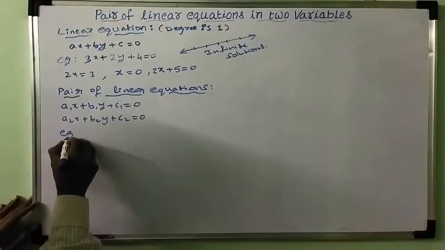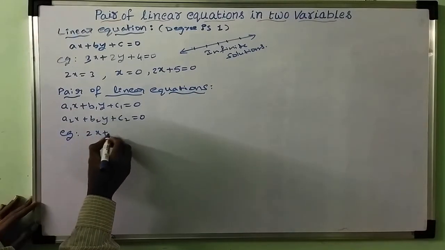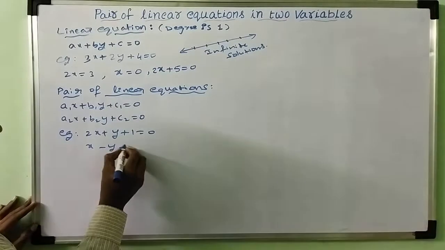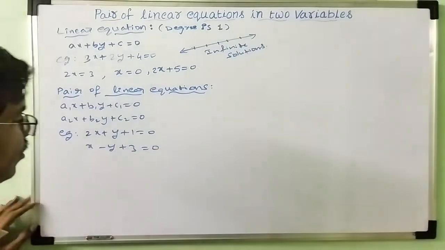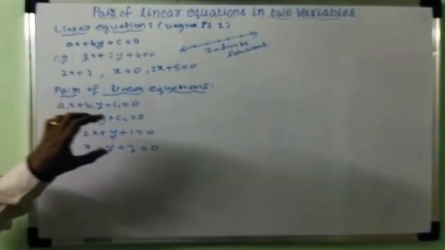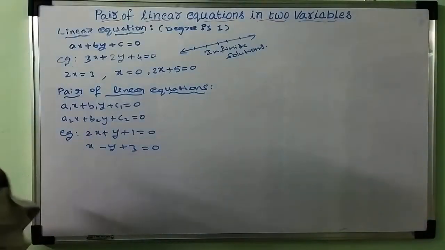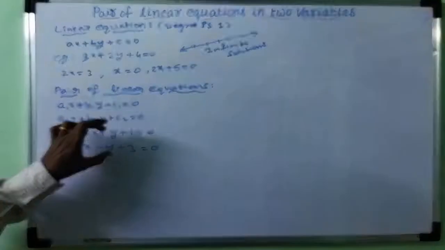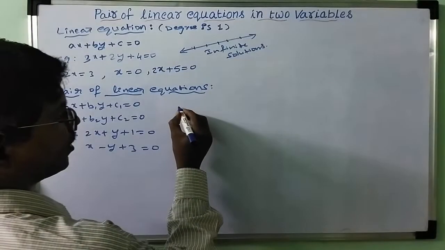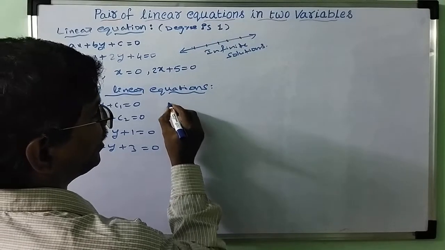For example, 2x plus y plus 1 equal to 0 and x minus y plus 3 equal to 0. This is a pair or a system of linear equations in two variables. If you solve this type of equations, we will get graphs of linear equations, maybe intersecting.